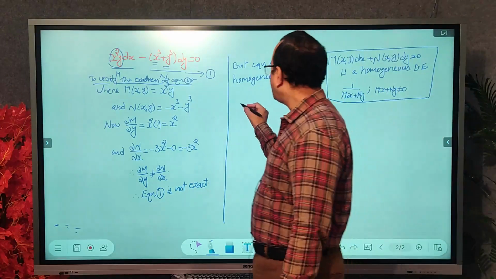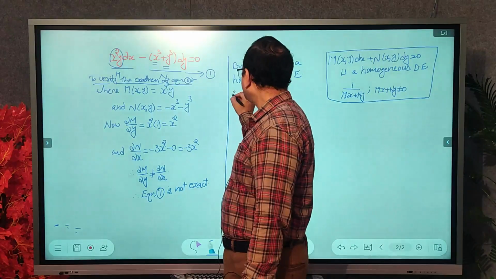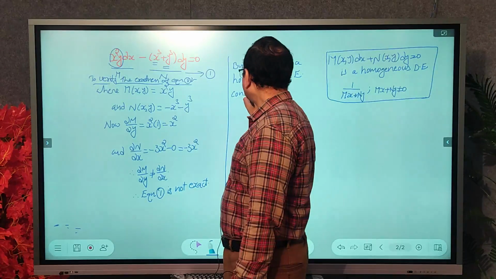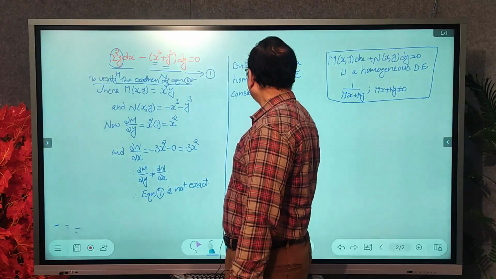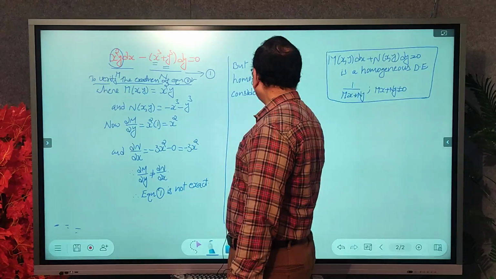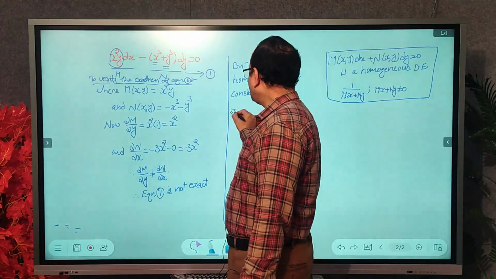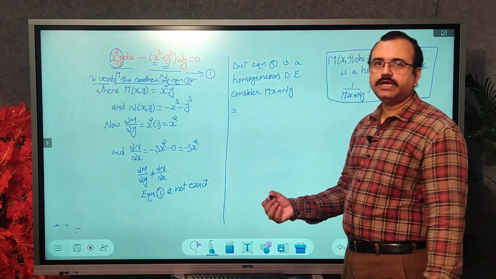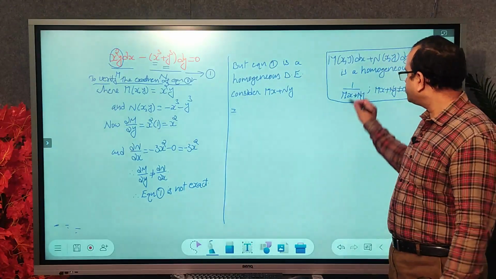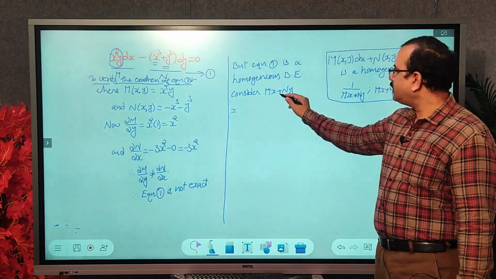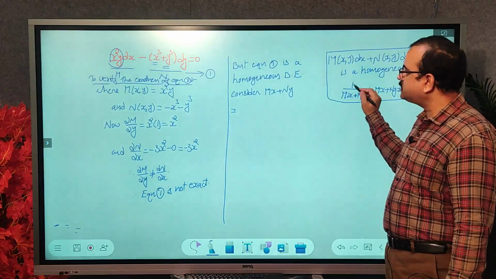First of all we will calculate Mx plus Ny. If it is not equal to 0, then we can take 1 by Mx plus Ny as an integrating factor.